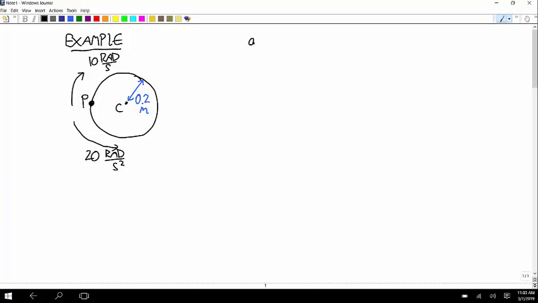And let's do it two ways. One, assuming that the hinge at C is fixed. What are the velocity of P and the acceleration of P if C is fixed?